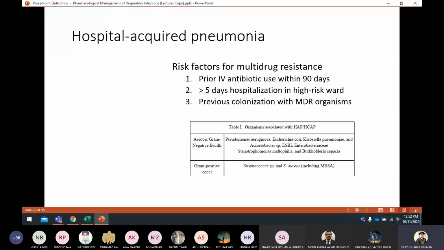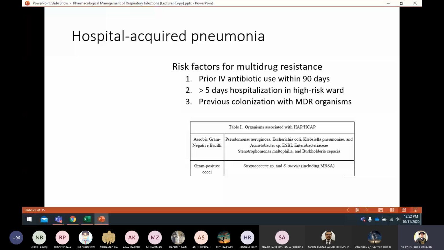You can see there in the small table, I've copied from somewhere, the more likely organisms that can be the underlying organism for hospital-acquired pneumonia.